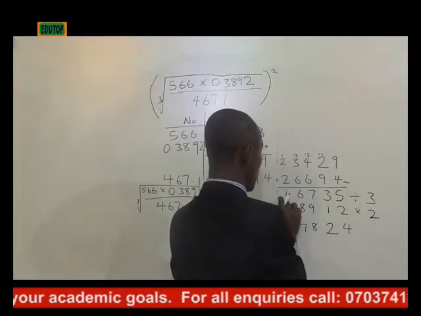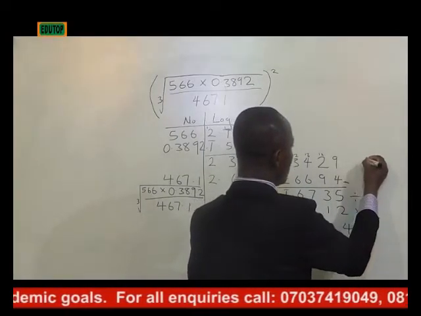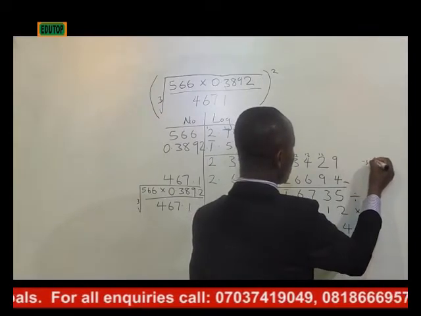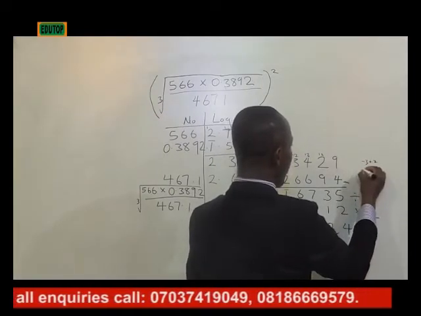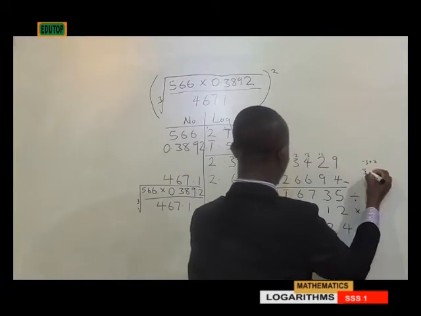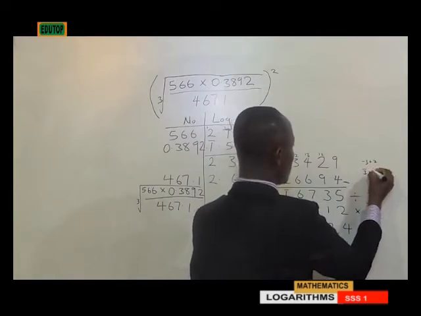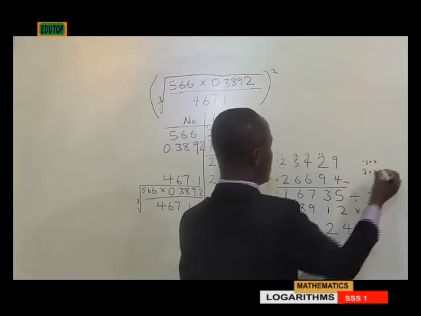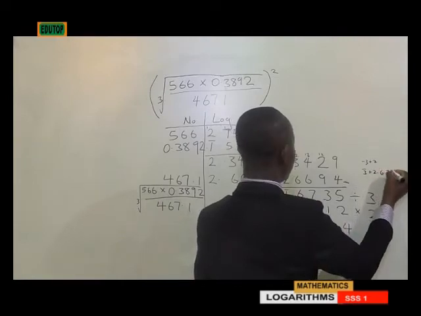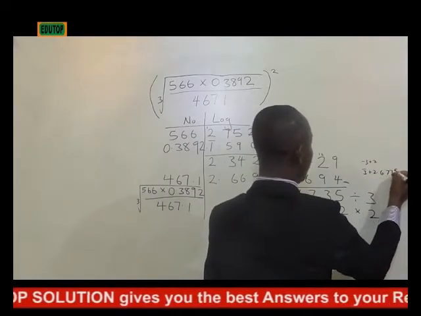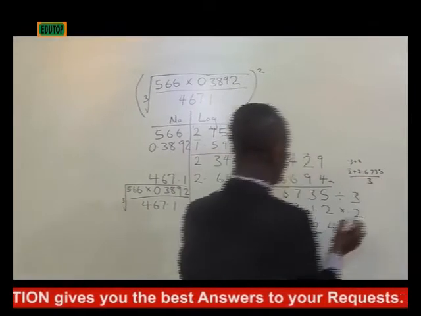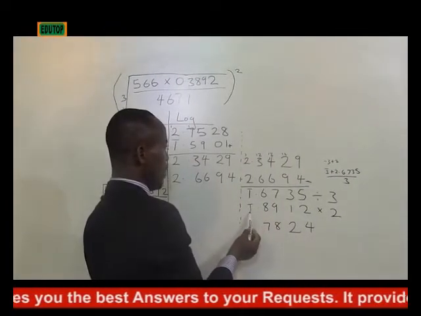To get this minus 1, that will be minus 3 plus 2. So what we'll be having is by 3 plus 2.6735 divided by 3. That will give us by 1.